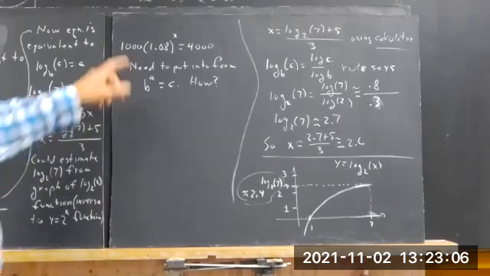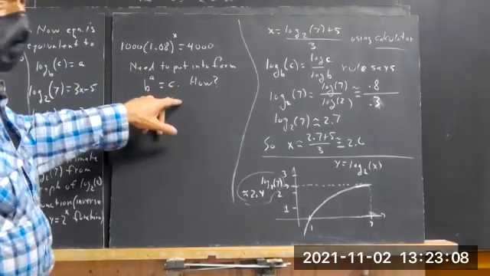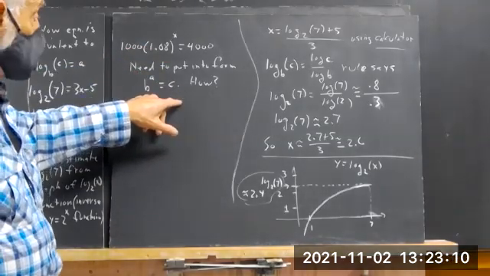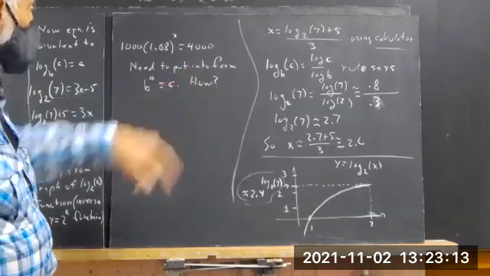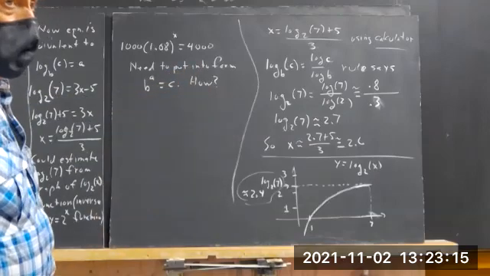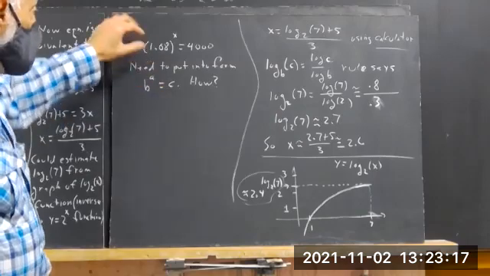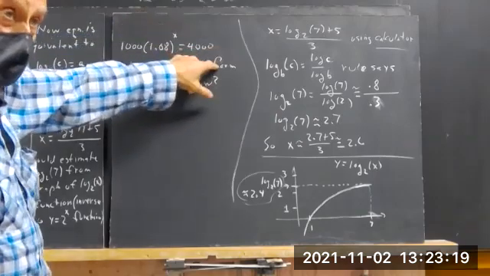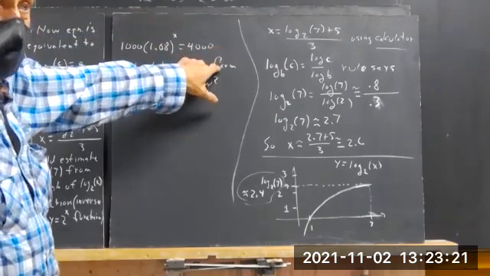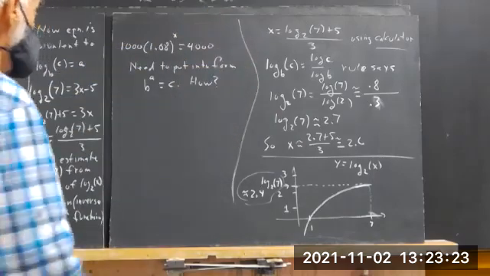Okay. Well, this isn't in the form b to the a equals c. How do we put it in the form b to the a equals c? Simple enough, divide both sides by 1,000, and then you have 1.08 to the x equals whatever you get over here. Of course, what you get over here is going to be easy.